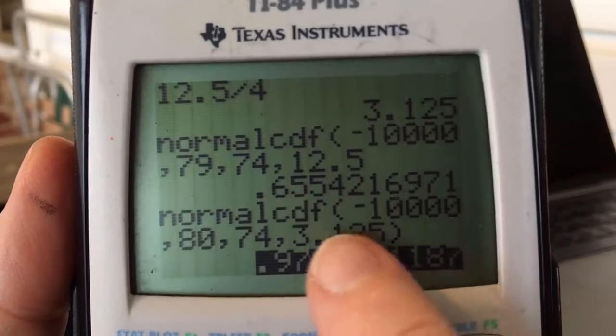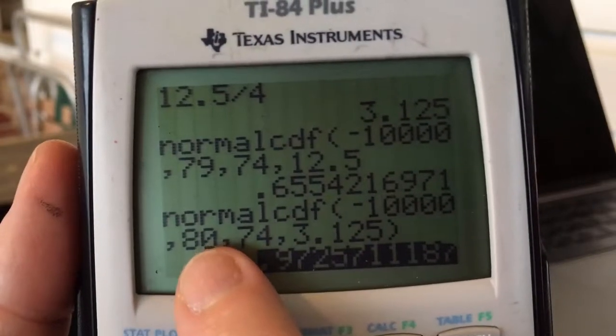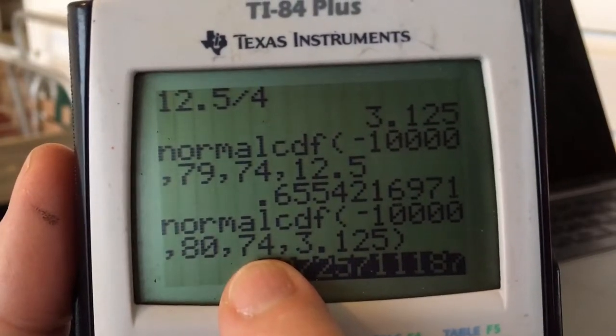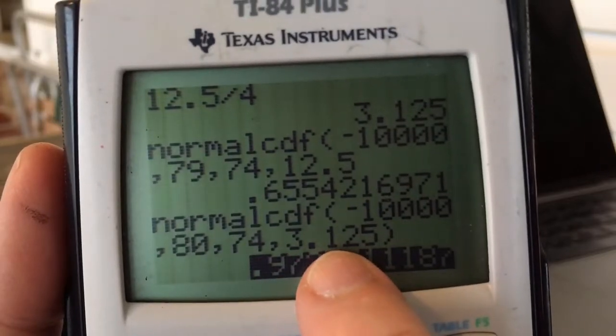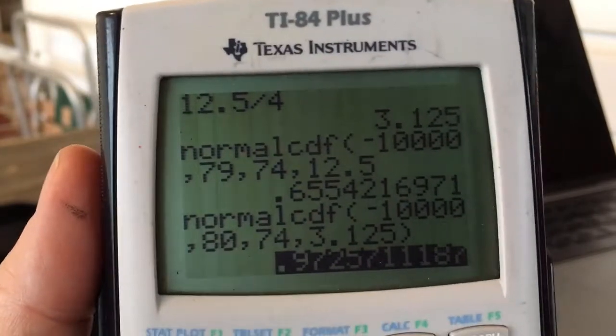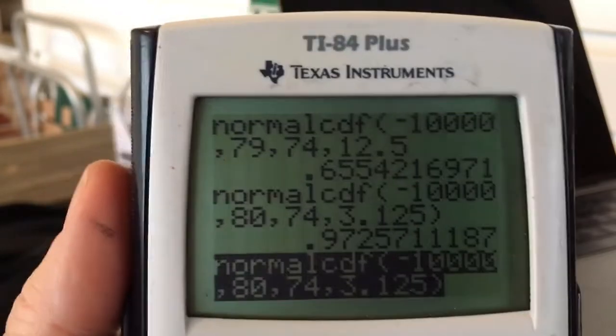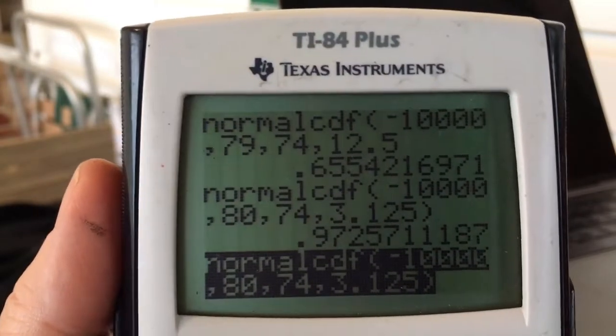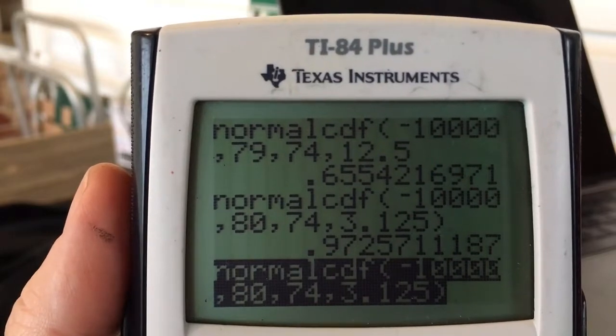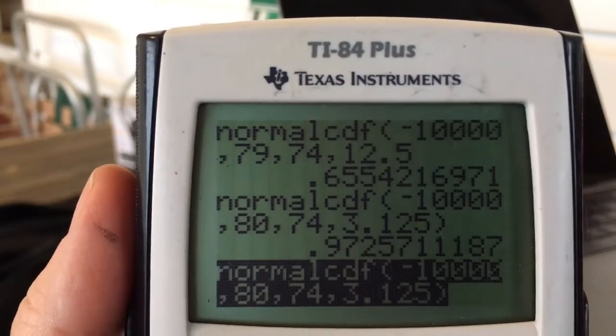I did normal CDF, negative 10,000 to 80. 74 was still the mean, but now our standard deviation of the mean has gone down, and you can see that 97.26 is the correct answer, and that agrees with the manual's answer key.